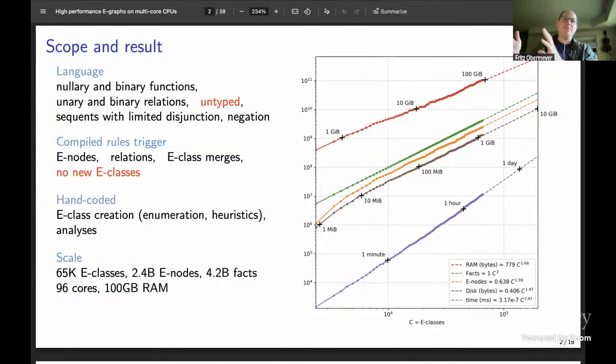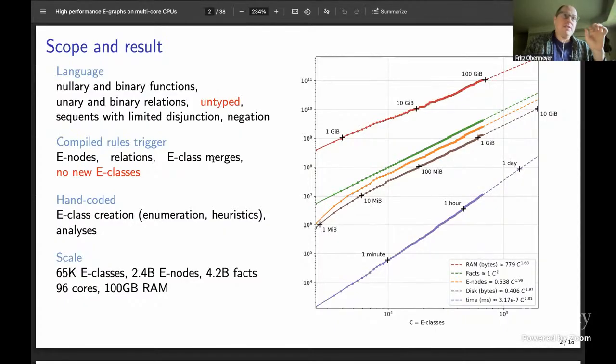I'm not coming at it from computer science or logic programming, but really from an algebra perspective. So my theory is pretty narrow. I'm interested in just a small family of theories, but it's complex enough to warrant a rule compiler for semi-naive inference, and the rules can trigger new e-nodes, new relational facts, e-class mergers.